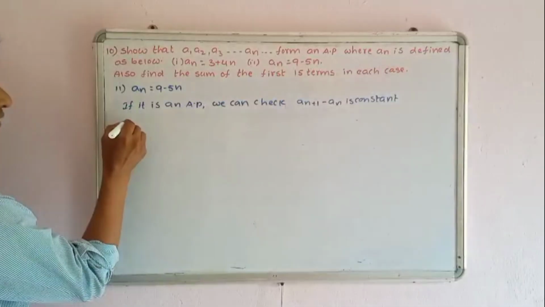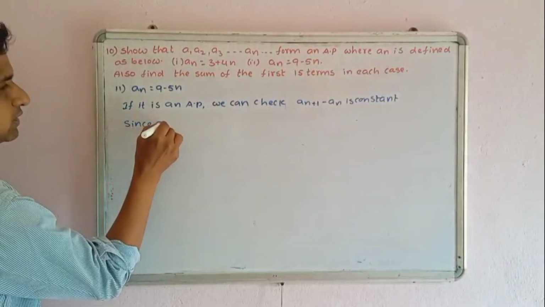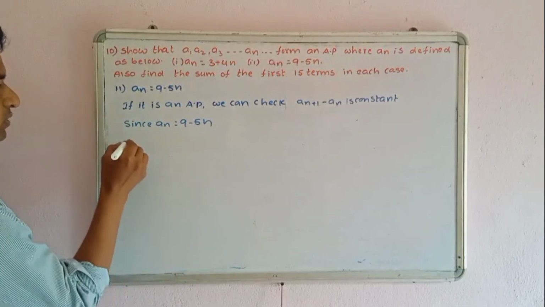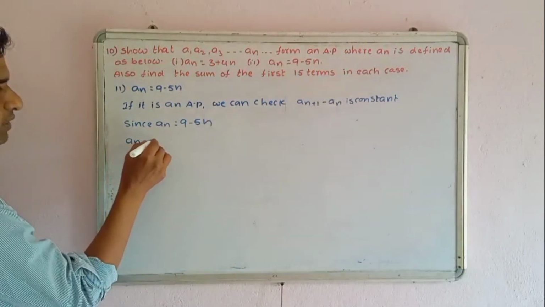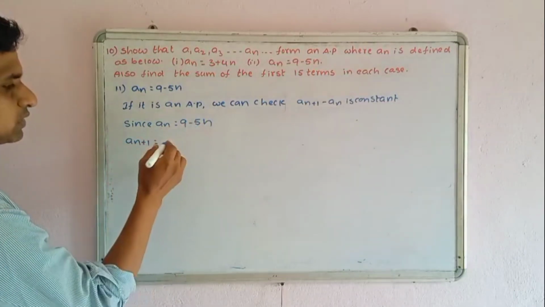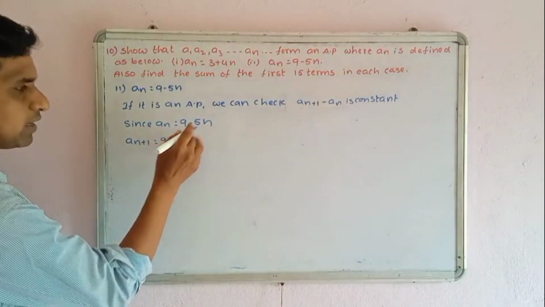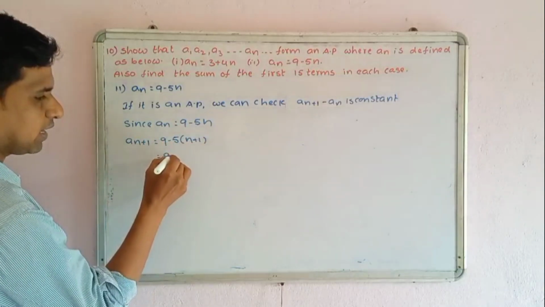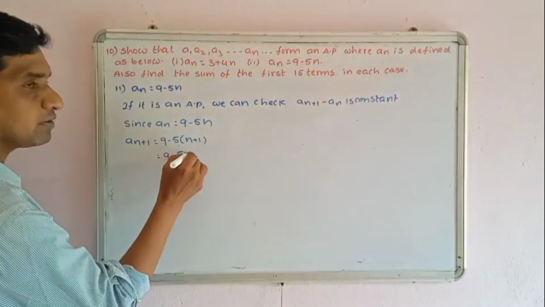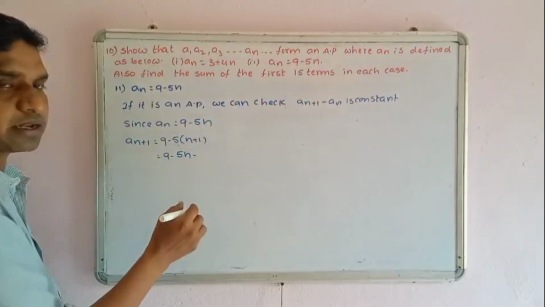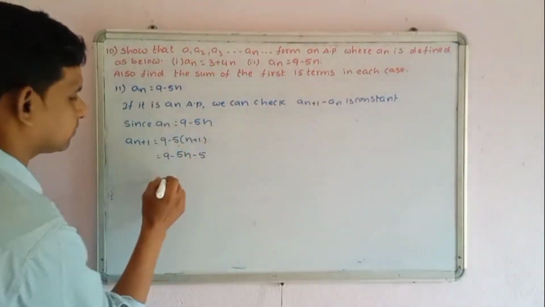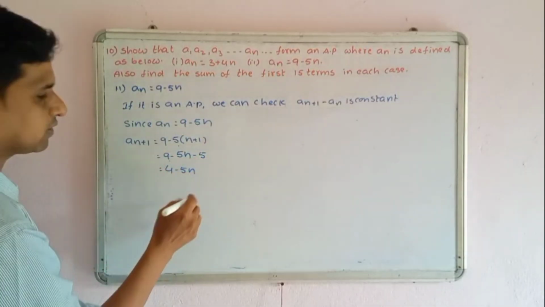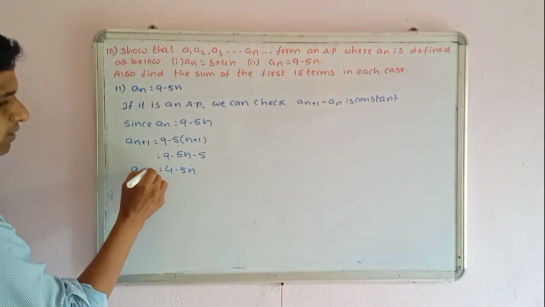Since what is an? 9 minus 5n. So what about an plus 1? Replace n by n plus 1. 9 minus 5 times n plus 1. So 9 minus 5 times n is 5n. Minus into plus is minus. 5 times 1 is 5. So 9 minus 5 is 4. 4 minus 5n. So this is an plus 1.